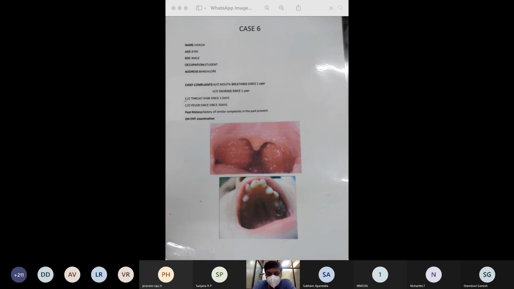For example, here in this case, one of the complaints is throat pain. Throat pain can be a vague symptom, though it is very clear to you and me. For the patient, it may be very vague. For example, a patient with itching or scratchiness in the throat may also call it throat pain. A patient having a foreign body sensation in the throat may also call it throat pain.